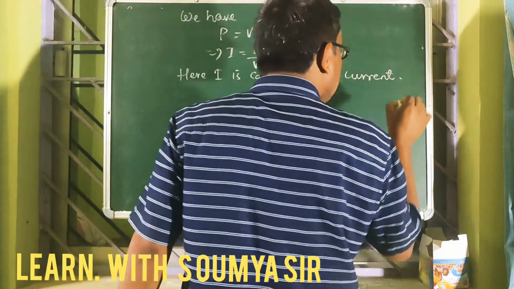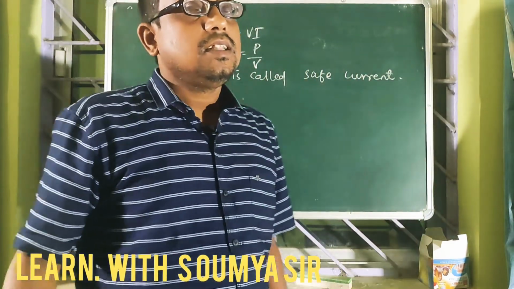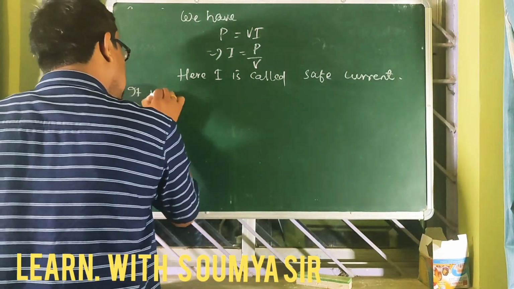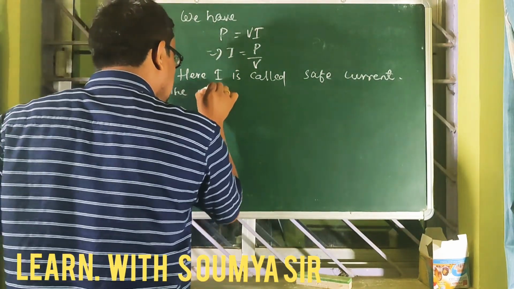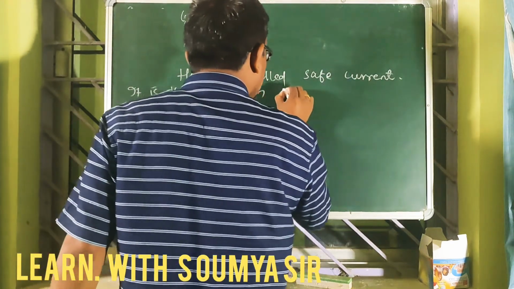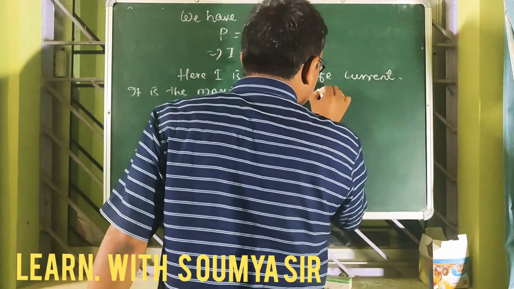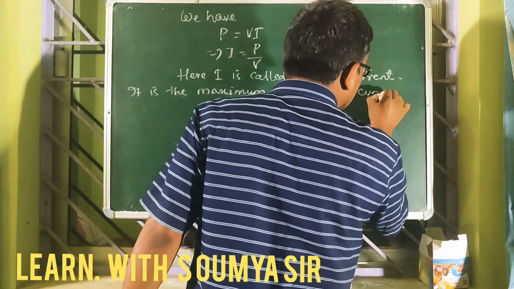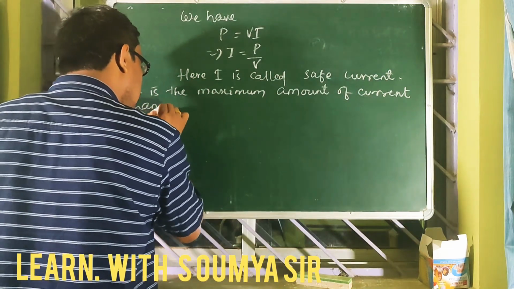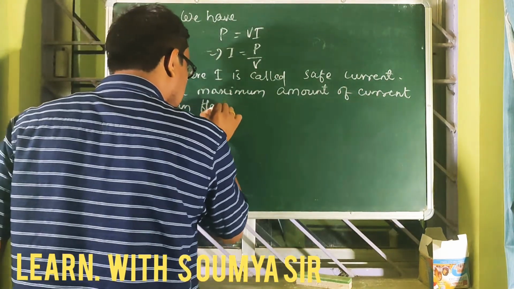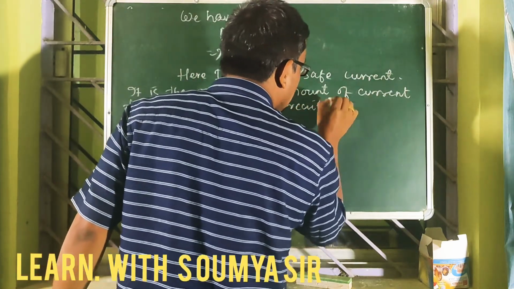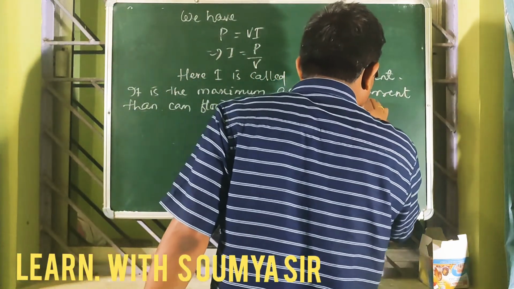Now what is safe current? The safe current is the maximum amount of current that can flow in a circuit without damaging it.